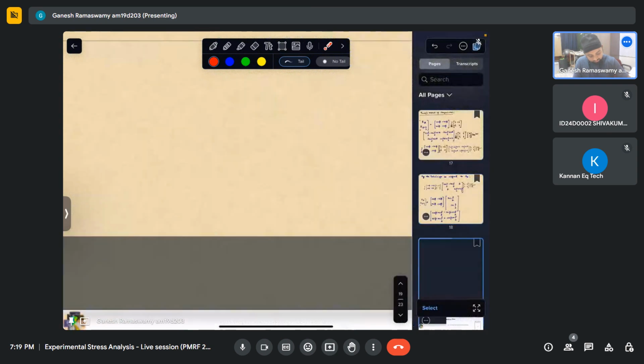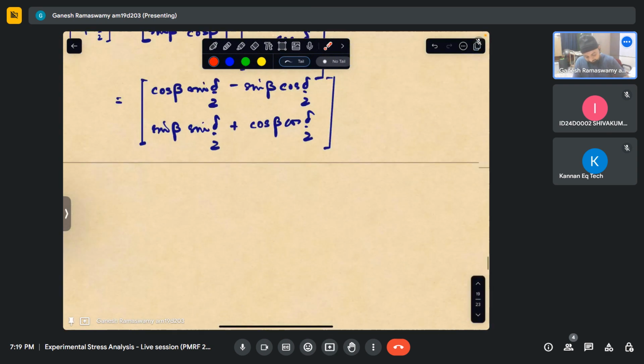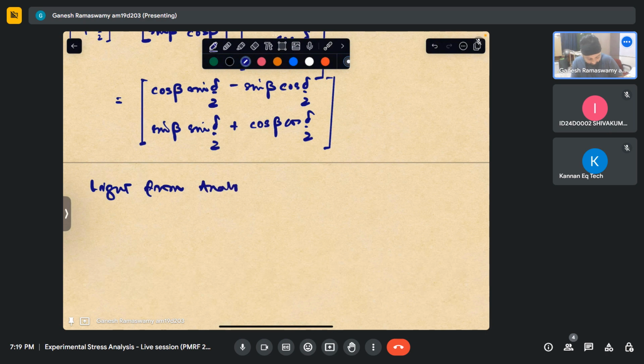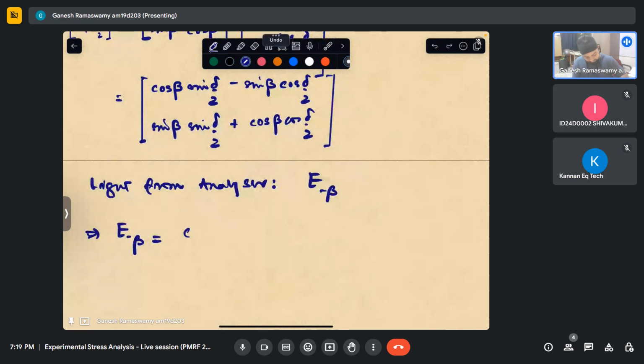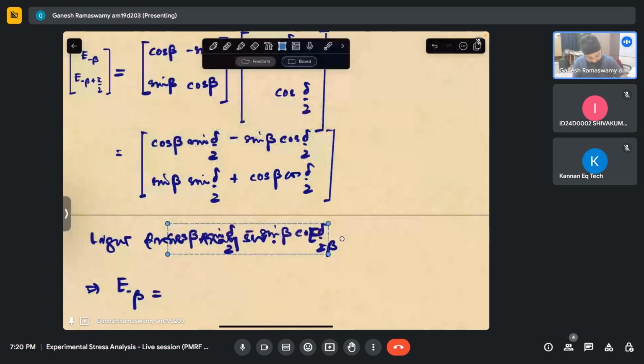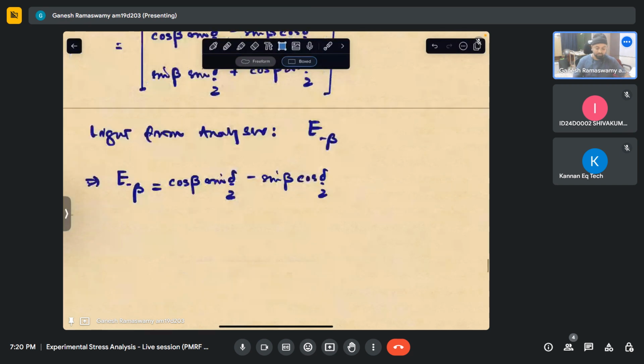So what will that be? So E, the light from the analyzer, is nothing but E of minus beta, which is this expression. I don't want to write it again. I'll just copy this. So this much we have found.